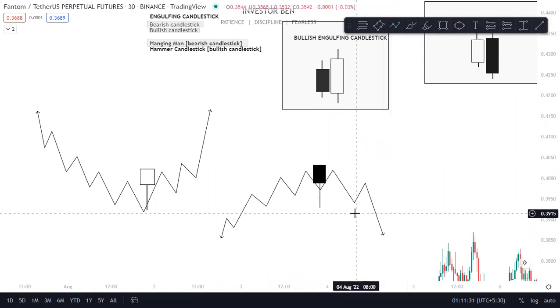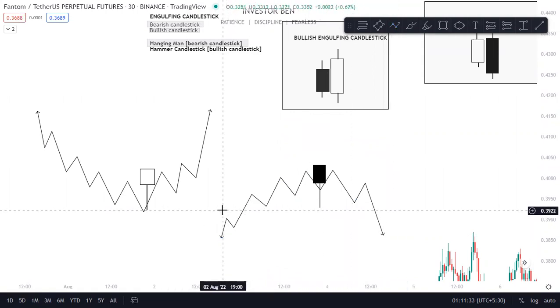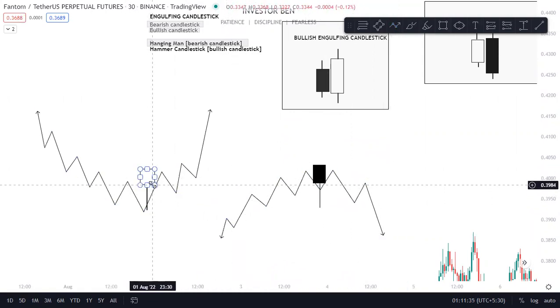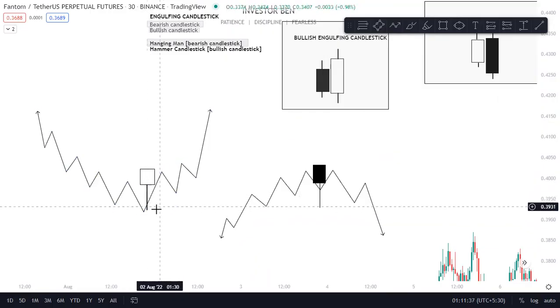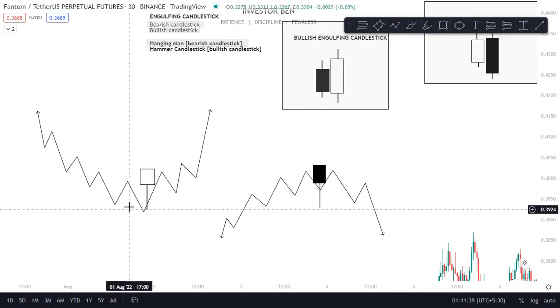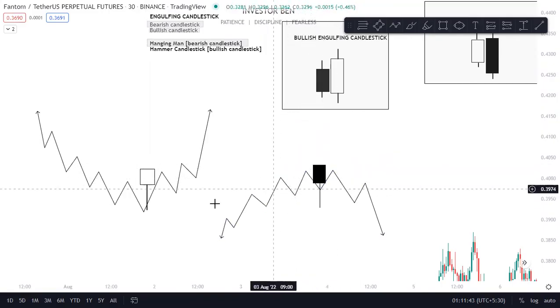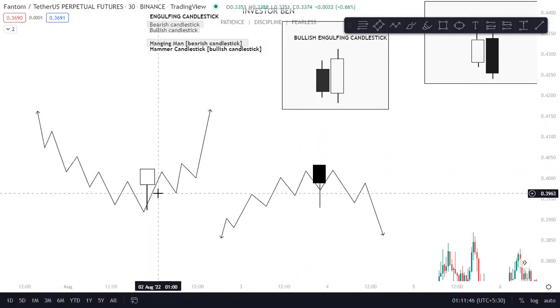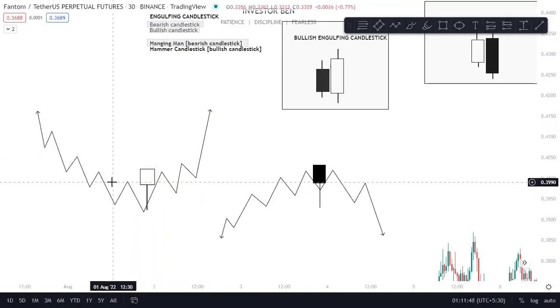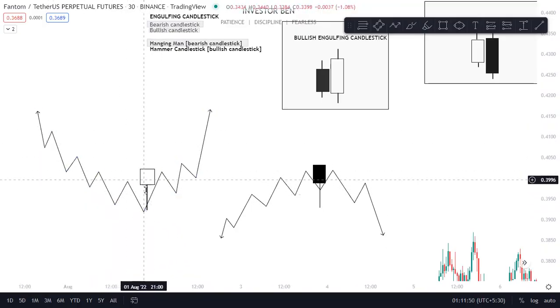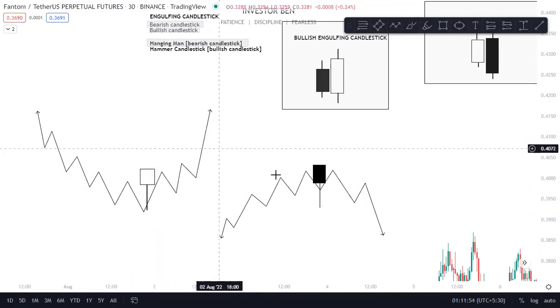They have the same body formation, everything is the same, right? But this one is found at the bottom and it signifies a price reversal. This one also signifies a bearish reversal, while this one is a bullish reversal pattern, right? As price is in a downtrend and the hammer appears, price starts to reverse to the upside.